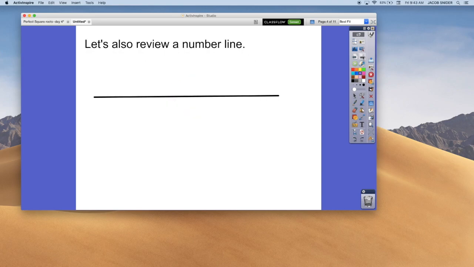The other thing I want to do is review a number line. Don't write this, just hang out with me for a second. If I do a number line, a lot of times we think of 0 as our beginning point in the middle. Because now we're in 8th grade, we know there are positives and negatives. So I've got 1, 2, 3, and it goes on forever and ever. -1, -2, -3.